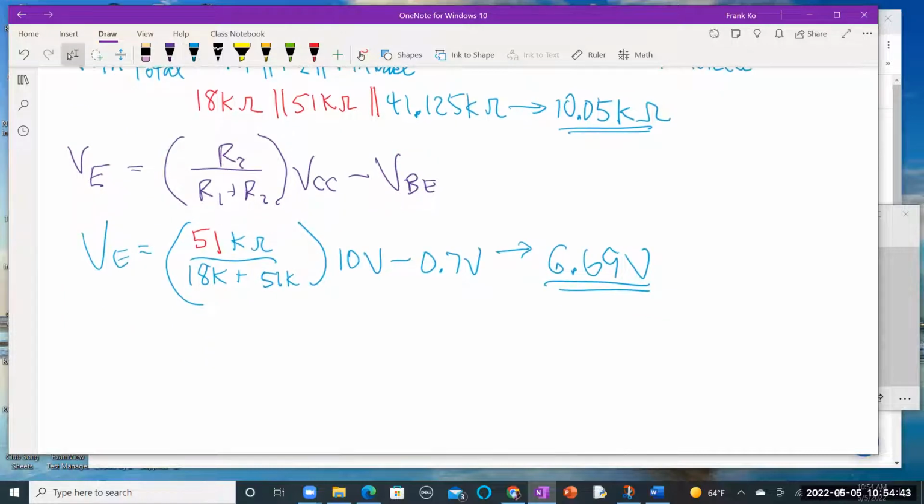Now, how about we determine IE? IE is going to be equal, Ohm's law, VE over RE. So VE is your 6.69 volts that we just did, and the RE in this case, 470 ohms.